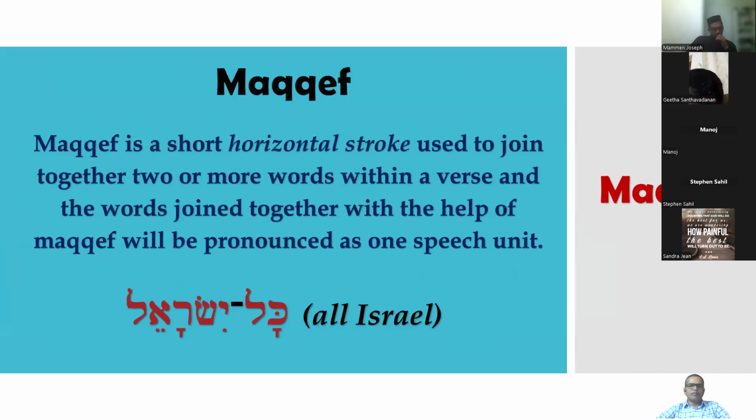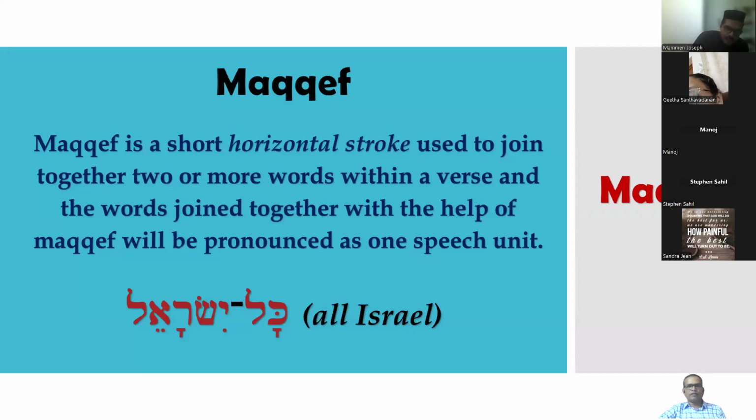If you look at this example, Kol Israel, it is not Kal Israel, it is Kol Israel because it is kamats katuf. We will understand the difference between kamats and kamats katuf today. In Kol Israel, Kol and Israel are joined together with a horizontal stroke, which is called makaf.